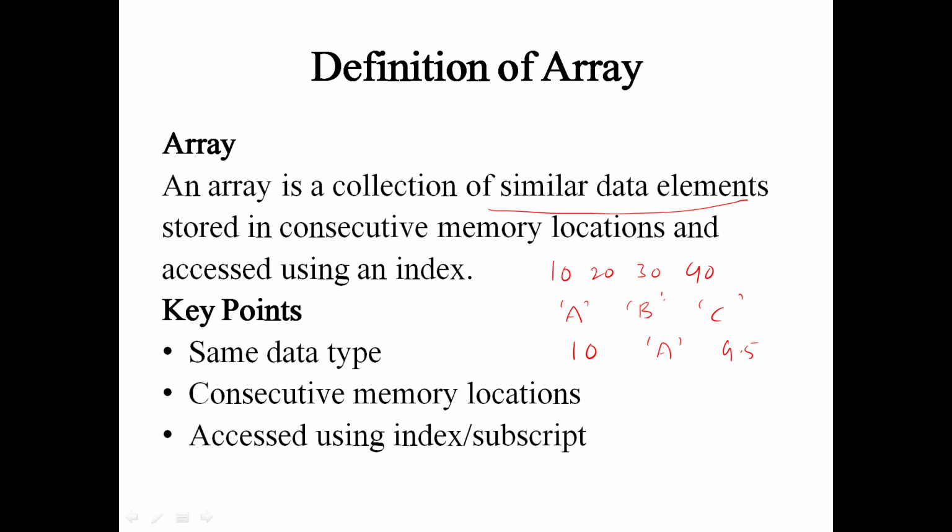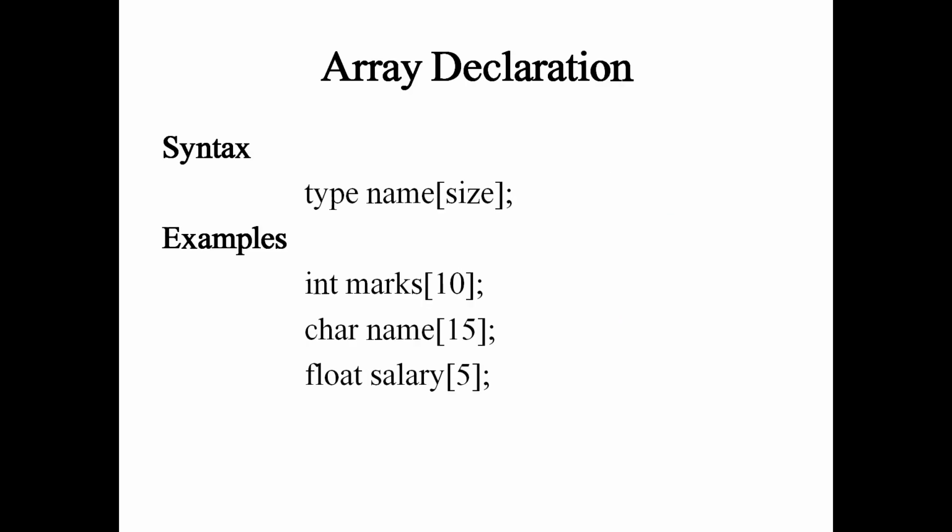Okay, so array declaration. How do we declare an array? The syntax to declare an array is, first we need to mention the data type of the array, and then the name of the array and the size of the array.